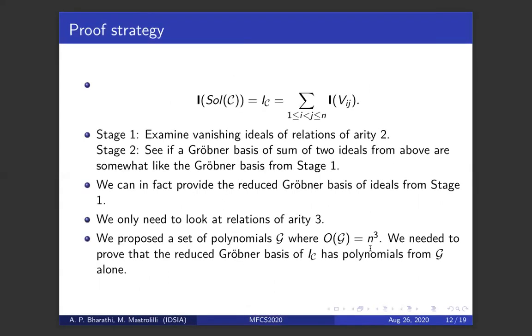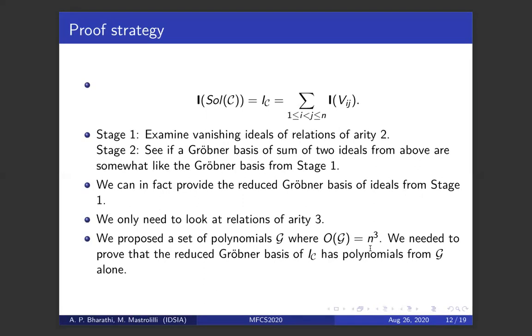The first, we took relations of arity 2 that are nabla closed. We were able to identify a Grobner basis of the vanishing ideals for each of those relations. In fact, we were able to easily find the reduced Grobner basis for these ideals. While a Grobner basis can include some polynomials that aren't quite useful, the reduced Grobner basis does not and is unique to the ideal.